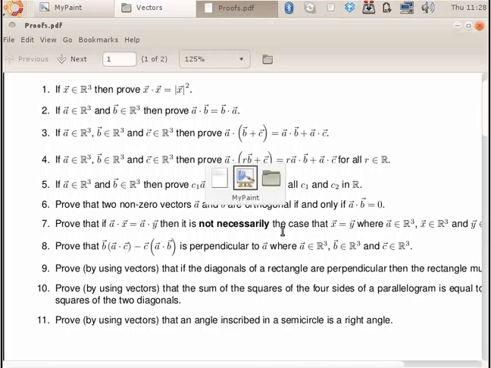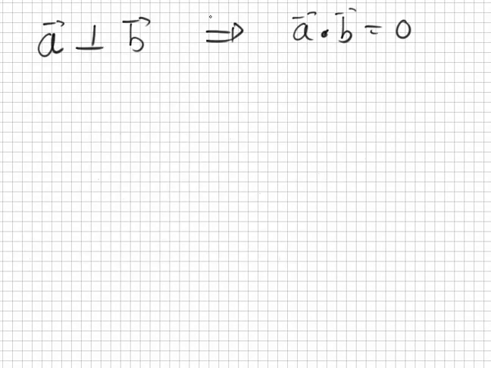So just to be careful with the English here, if and only if means you have to show this: A is perpendicular to B, we need to show that that means A dot B equals 0. And then we also have to show it in the opposite direction. So to do this properly, we need to go both directions for the proof.